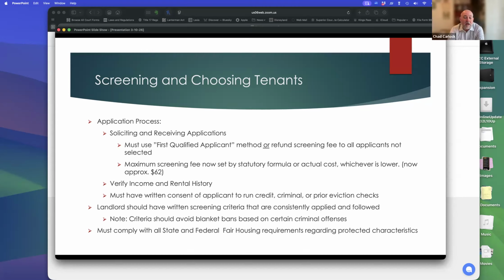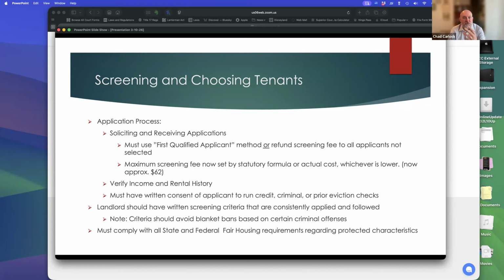And then finally, of course, your criteria and your advertising should certainly say that you're an equal opportunity, fair housing compliant property. And the requirements regarding protected characteristics means you cannot refuse to rent someone solely on the basis of being a member of, or identified from the outside as having, a protected characteristic.